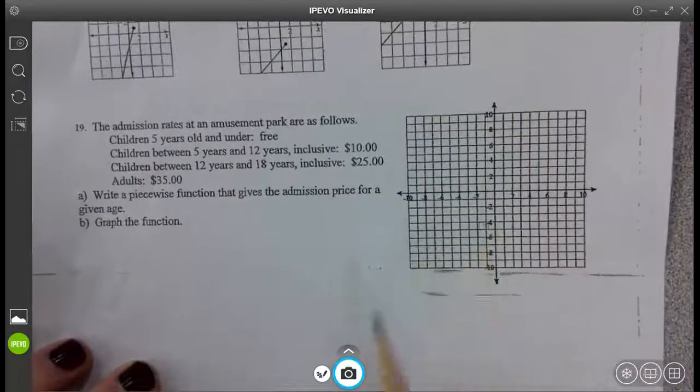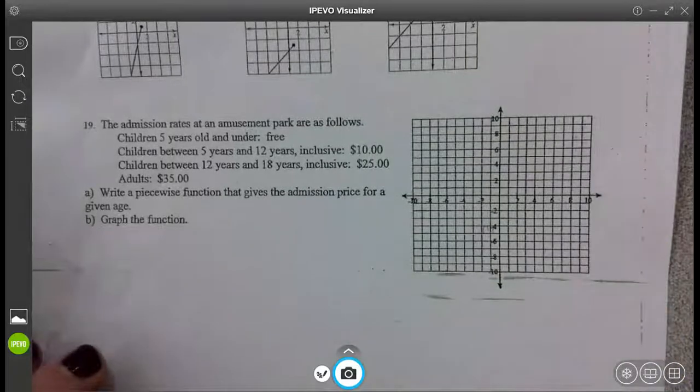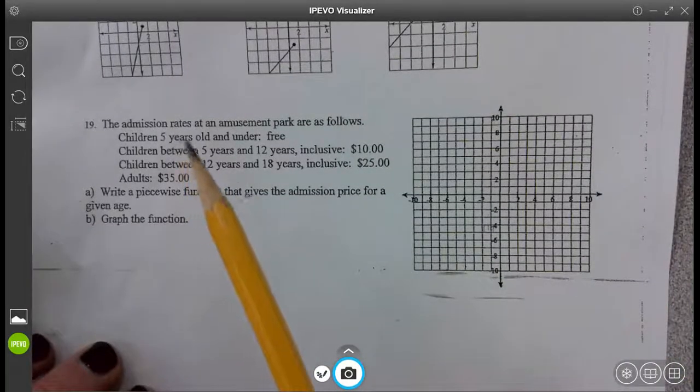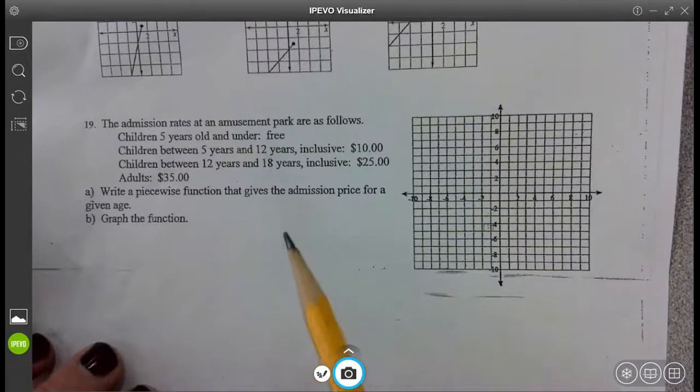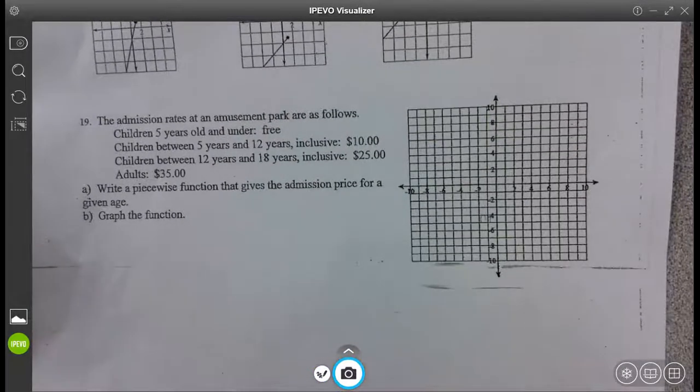These ones are review as well, but here's where we have a piecewise function. So this is what I'm looking for. It says the admission rates for an amusement park are as follows. Children 5 years and under are free. So if you are 5, 4, 3, 2, or 1, 1.5, you are 0. And then if you are between 5 and 12 years old, you are $10.